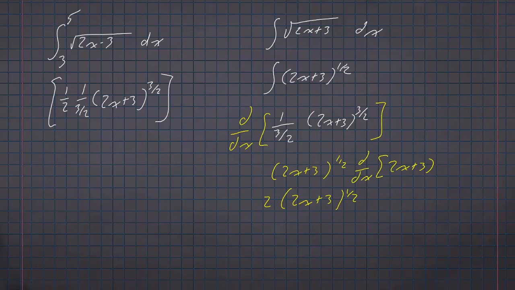And we want to evaluate that at our limits of integration, 3 and 5. I'll clean up that fraction first. Useful trick in evaluating definite integrals, you can take constant factors outside of this evaluation bracket. So we have 1/2 times 1 over 3/2. 1 over 3/2 is 2/3. 1/2 of 2/3 is 1/3.